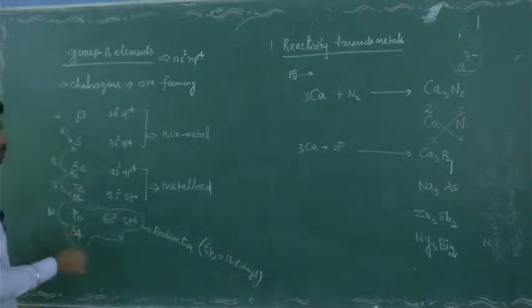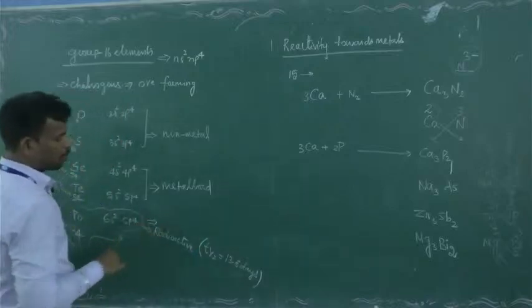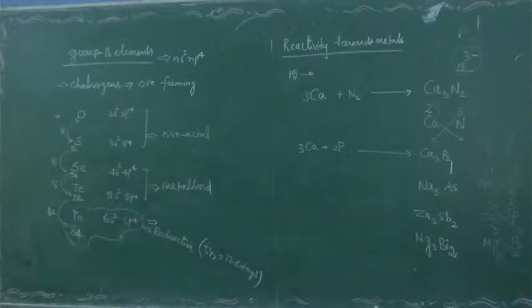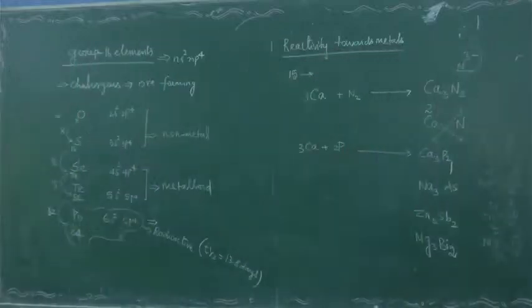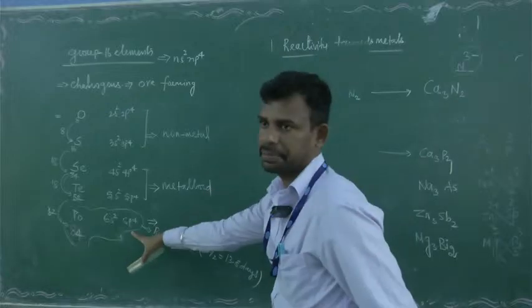Now, what about this one? Polonium is going to be a metal, but it is actually a radioactive element. The properties are discussed. Is it clear? Polonium is going to be a radioactive metal.